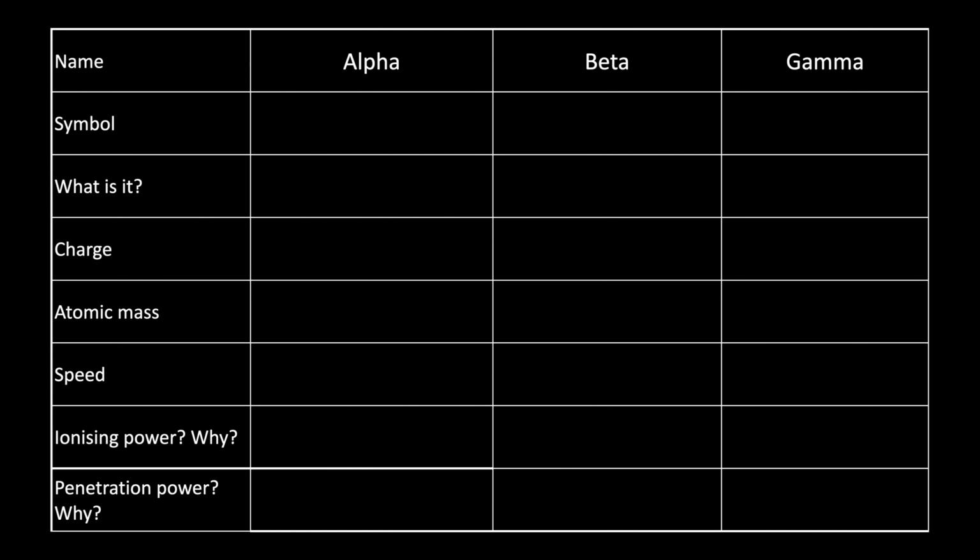So, you should have seen that the symbols for alpha, beta, and gamma are like so. Alpha particles are a helium nucleus. Beta particles are electrons.